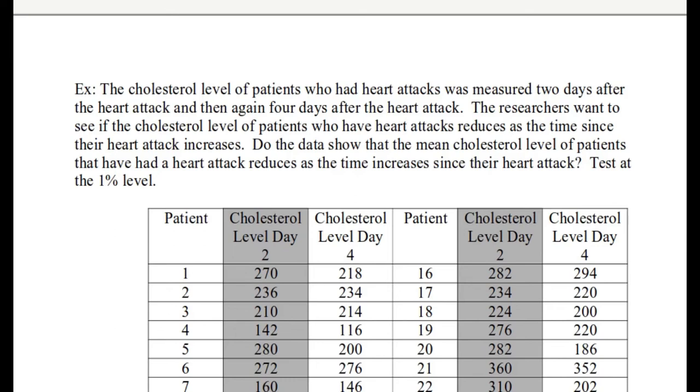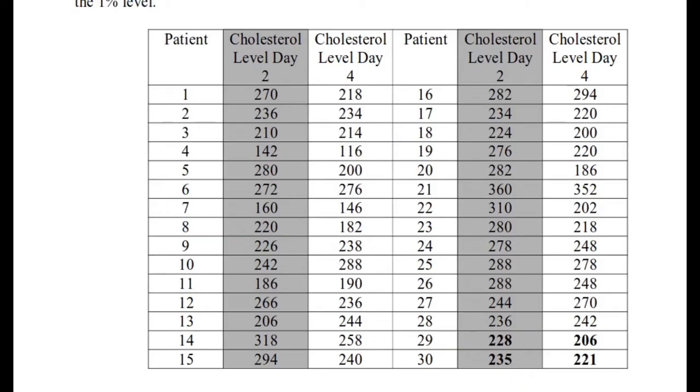So here's our data. You can pause the video. This is exactly the same as in our workbook. The data is paired. So notice that we see that patient number 1 has 2 pieces of data. We know that the cholesterol level after the second day for that patient was 270, and after the 4th day was 218.